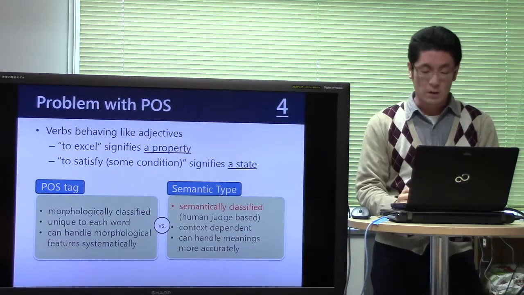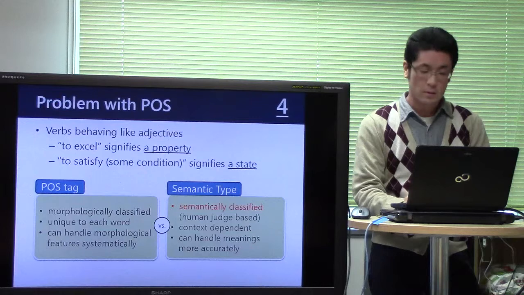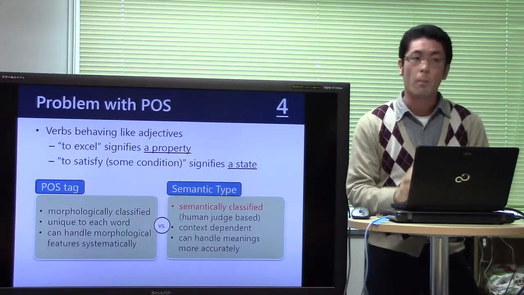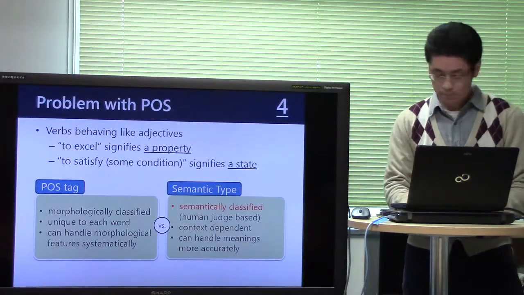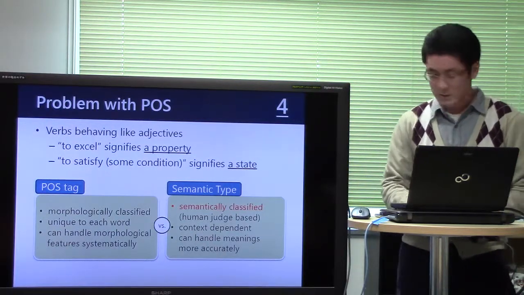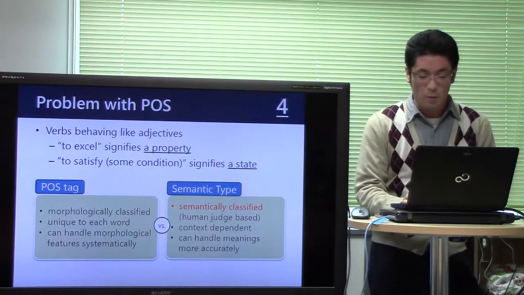Because part of speech is classified based on not only semantic criteria but also morphological and syntactic criteria. On this subject, in our previous research, semantic type is proposed.